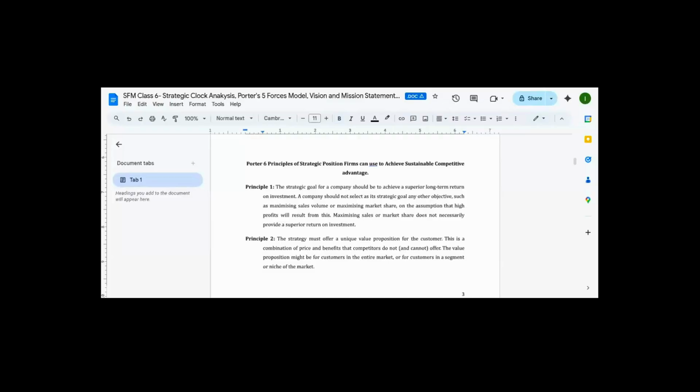He said any company that has been duly registered, your goal should be to achieve a long-term return on investment, ROI. That should be your primary, broad and general goal. Any other thing can now follow. You should focus on achieving long-term return on investment and profitability.